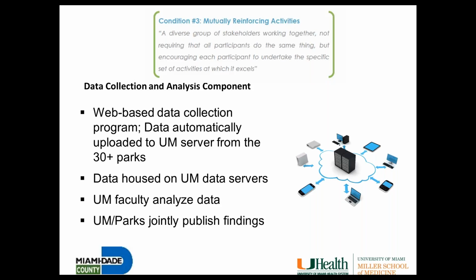What we do here is both of those, and then the data comes over and is housed here at the University of Miami. So again, if you partner with a university or another system, you might not necessarily have to take responsibility for all of that data, especially if you don't have people on staff that have that expertise. So we house the data here at UM on our servers. It's backed up nightly, and we clean it and analyze it, and then finally jointly publish all our findings with our team.